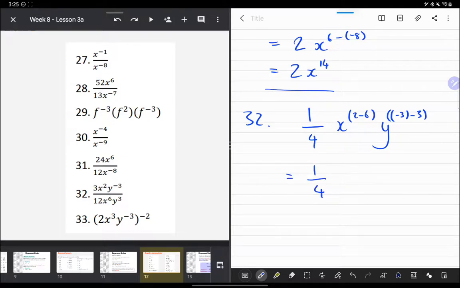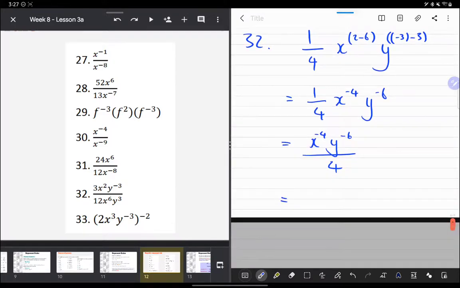Let's write it all in. Y is negative 6. Cool. Which you can write as this, or if you want to be really specific about it, you can say this, and all of these 3 answers are technically correct.